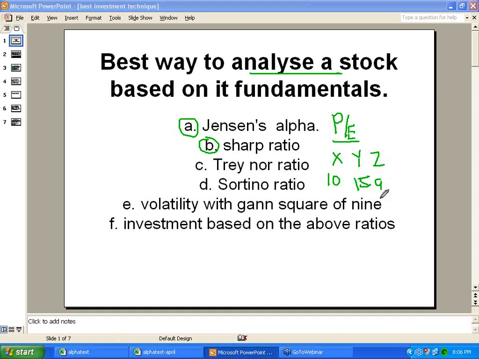Means the stock price is the PE ratio multiplied with earnings: 9 times gives the stock price, 15 times gives the stock price, 10 times gives the stock price. And these are different stocks X, Y, Z, and these 3 are from the same sector. If it is banking, all 3 should be in the banking sector.